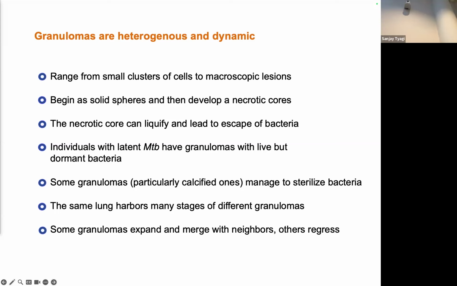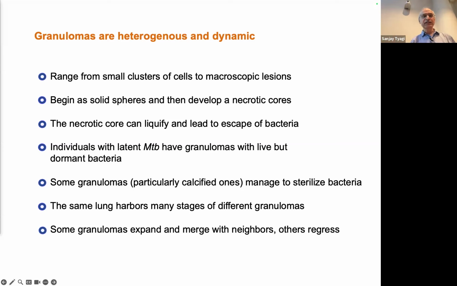And individuals with latent TB will have granulomas that have literally sterilized or forced TB into dormancy for all your life. The lung may harbor different stages of granuloma, so it's a dynamic structure. We should not think of it as an endpoint.